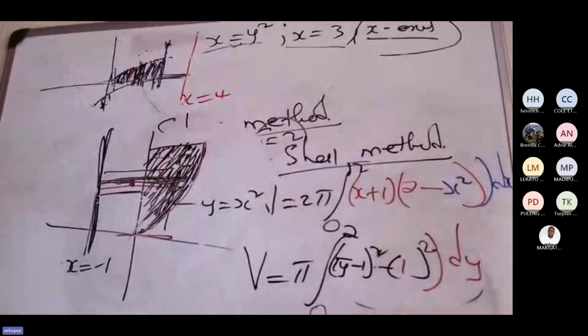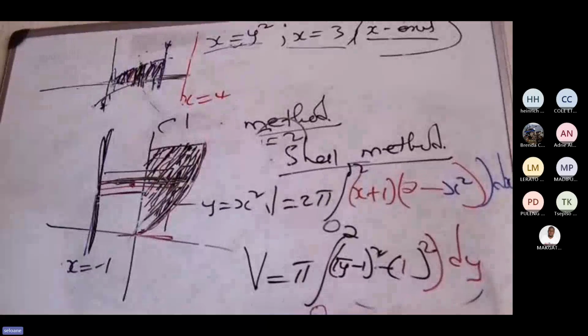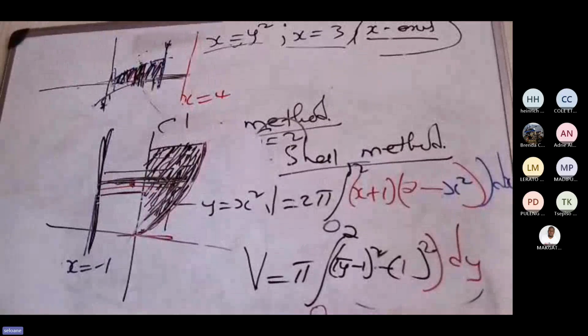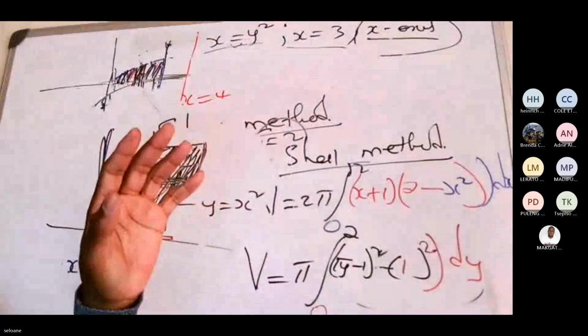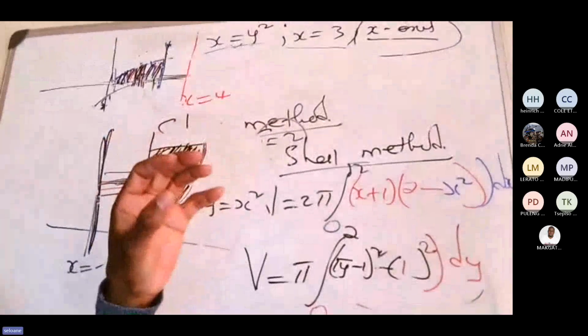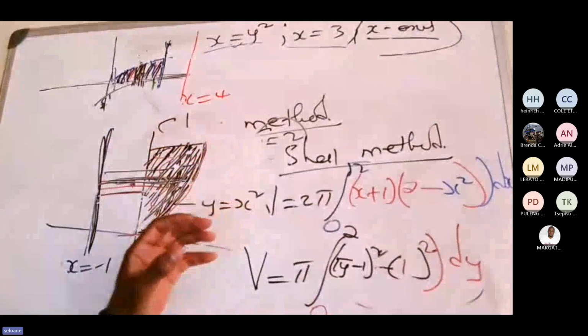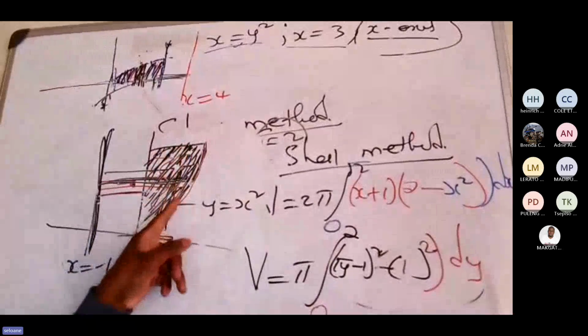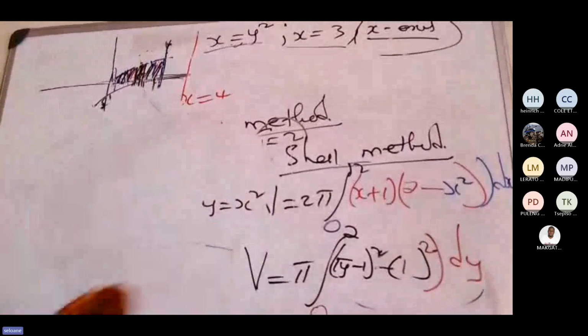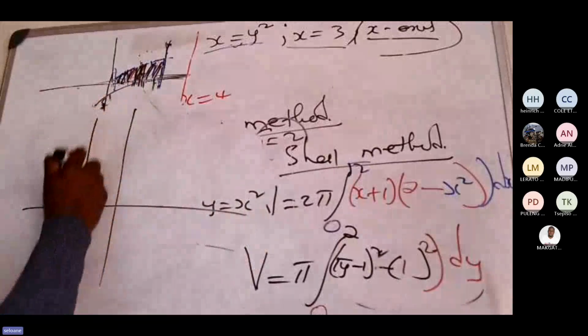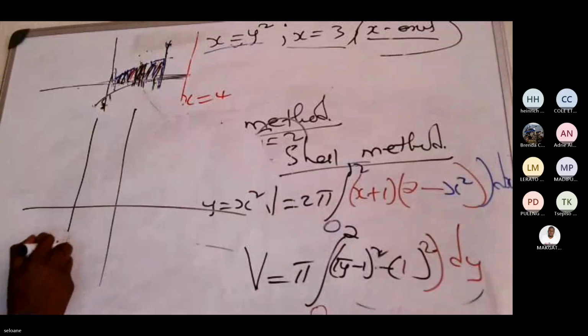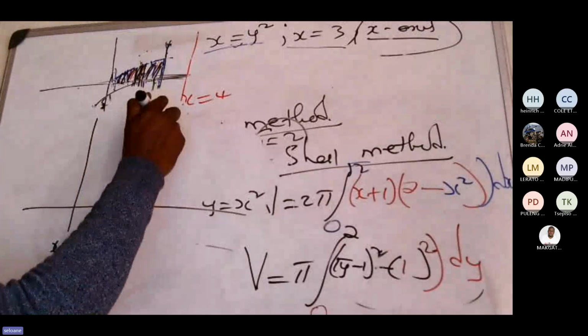Remember what we mean by small r and big R. With the shell method, remember we are using rectangles. So we will say the distance from where you cut. Let us clear this again. So this is that center, and this is your region.